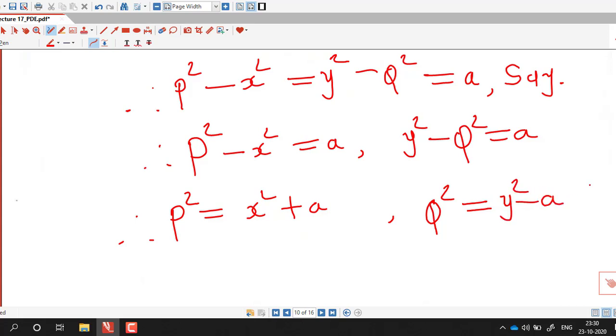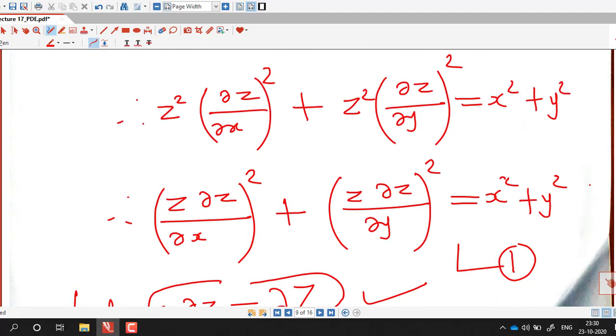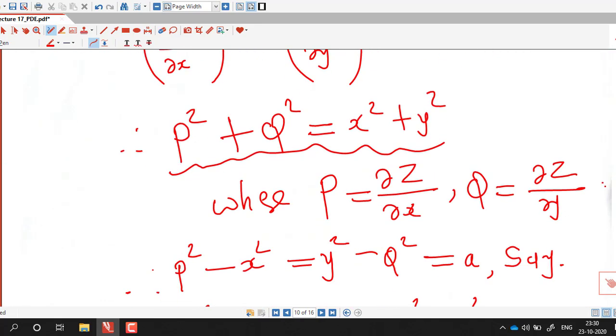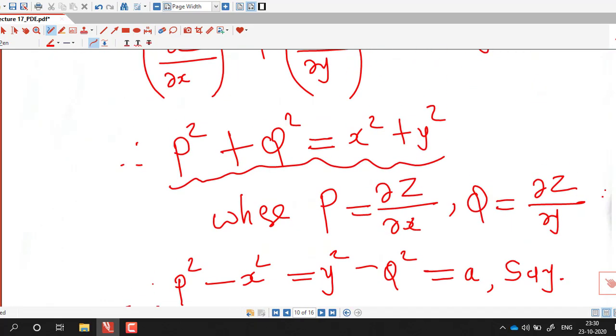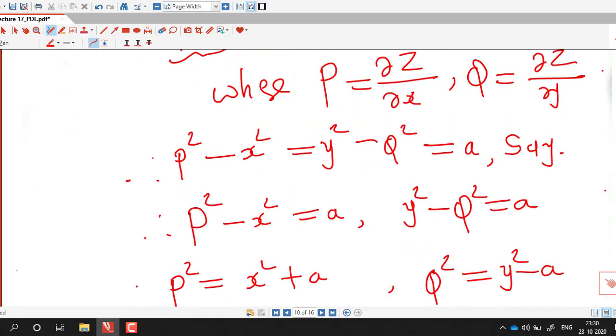Now this a is an arbitrary constant, so we can adjust it as a square. Instead of writing small a, we will write a square.